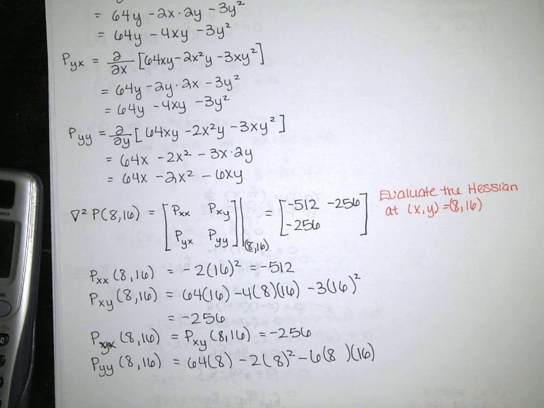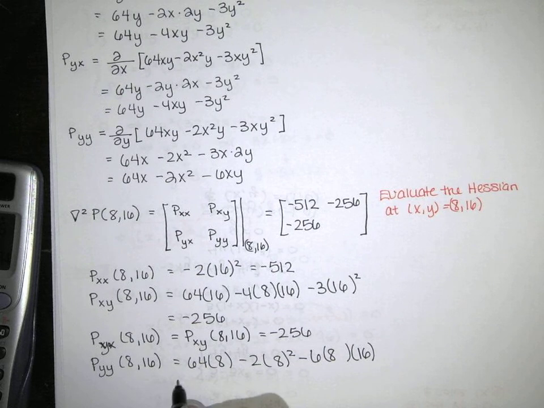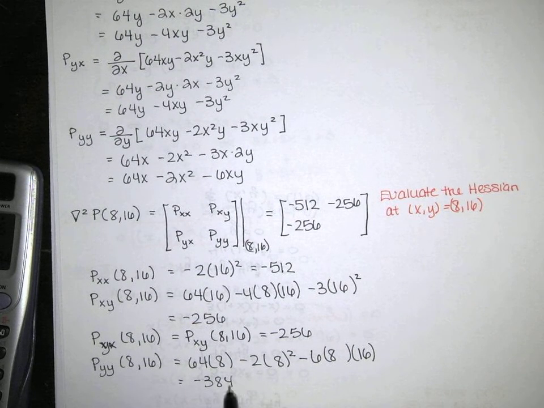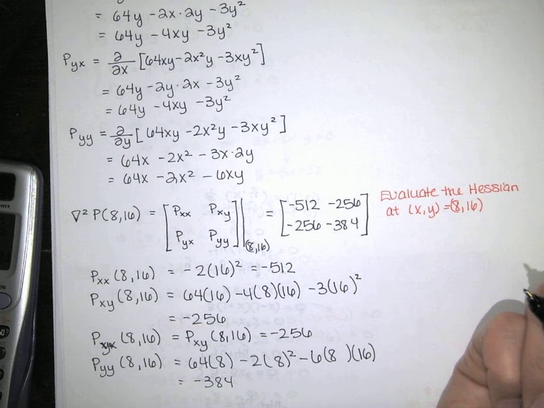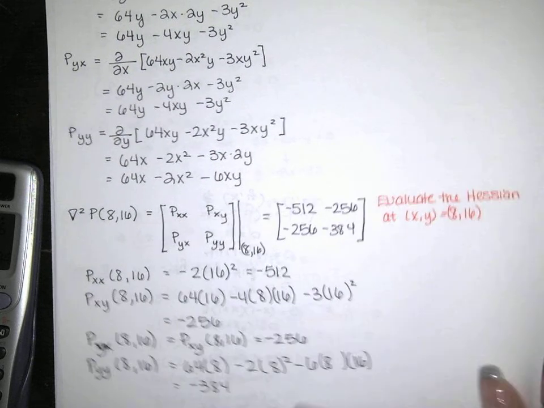So I have 64 times 8 minus 2 times 8 squared, 64, minus 48 times 16. We get negative 384, provided I typed that in my calculator correctly. All right, so let's take the determinant of that matrix.